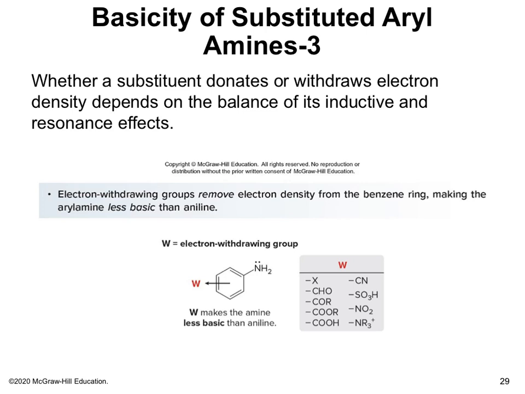Electron withdrawing groups pull electron density away from that lone pair on the nitrogen, and these are going to be compounds like where the nitrogen has a charge, or a carbonyl group, like carboxylic acids or esters or ketones or aldehydes, halogens, like fluorine and bromine, even though they do have lone pairs, their electronegativity makes them withdrawing groups.